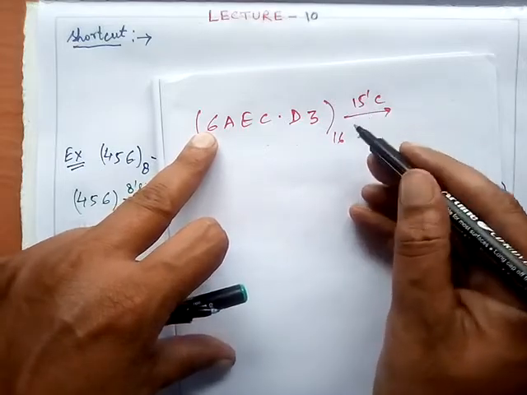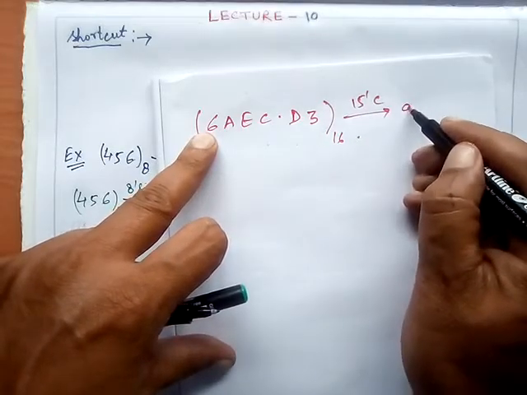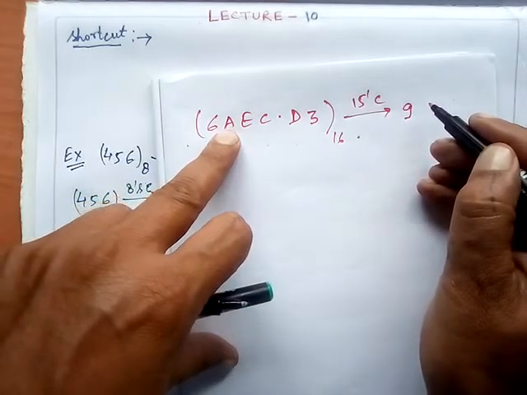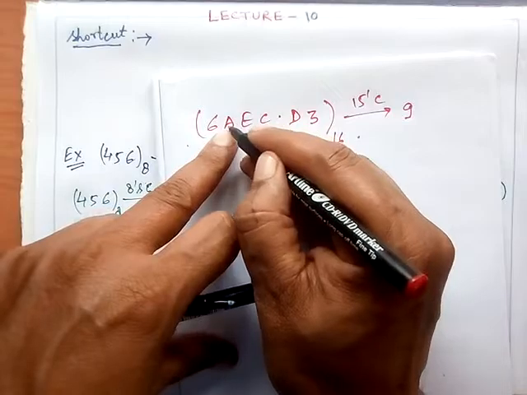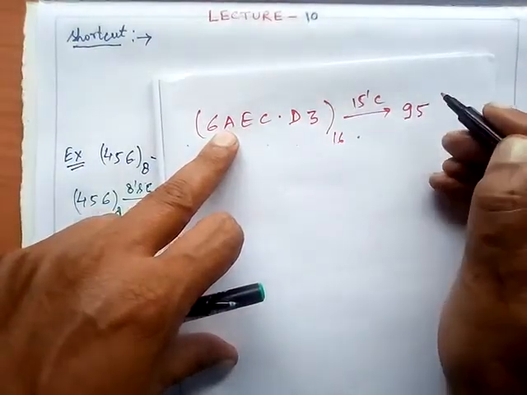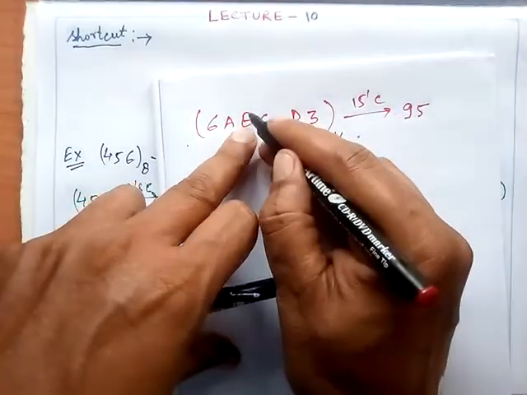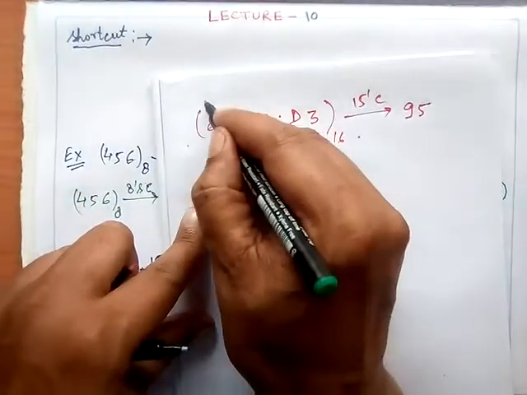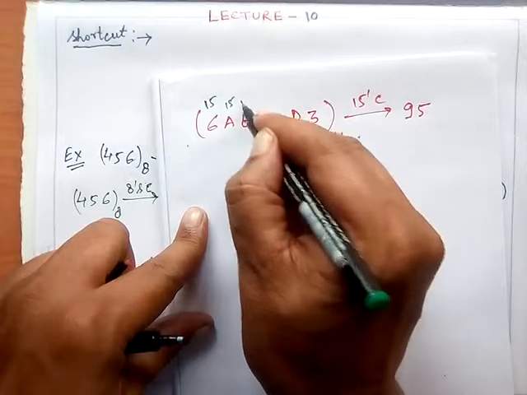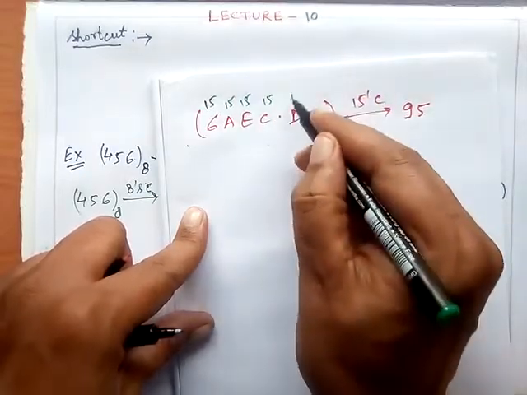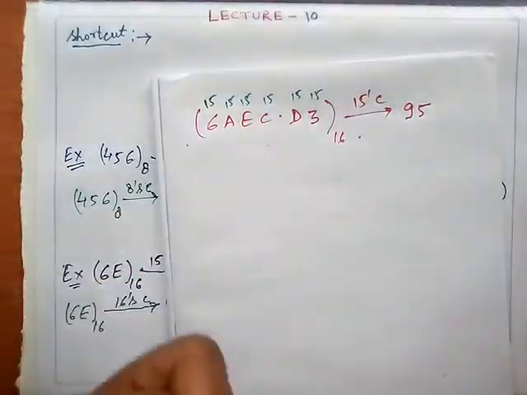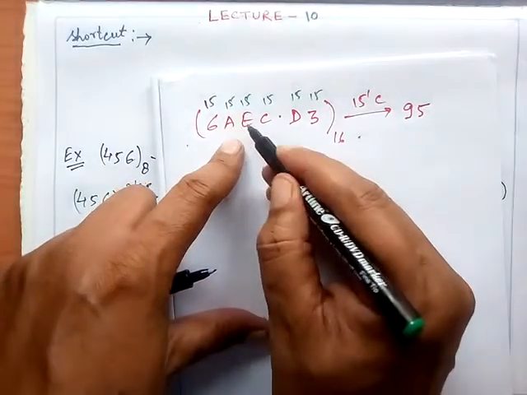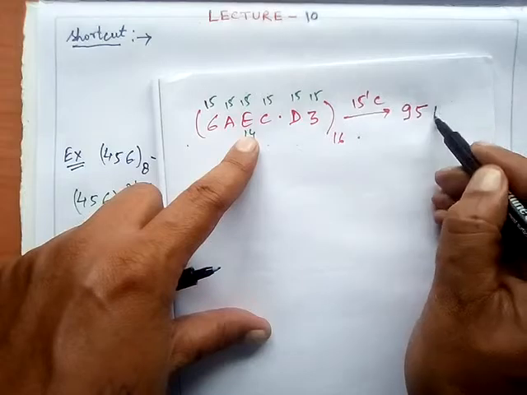So 15 minus 6 is 9. A is 10, 15 minus 10 is 5. E is 14. I am subtracting every digit from 15. 15 minus 14 is 1.